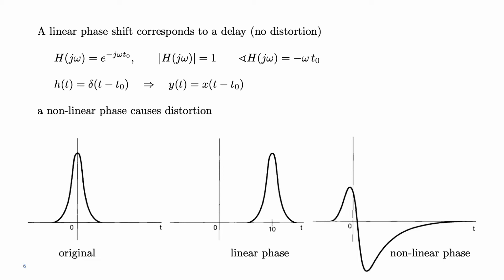Imagine you have an original signal like the one depicted at the bottom left. Then if you apply a linear phase shift or a delay in the time domain, then the signal in this case is simply delayed by time t0. If you apply a nonlinear phase instead, then a distortion is caused and the shape of the impulse is completely different.